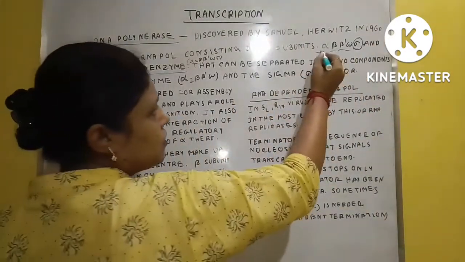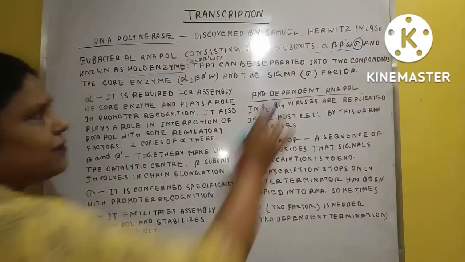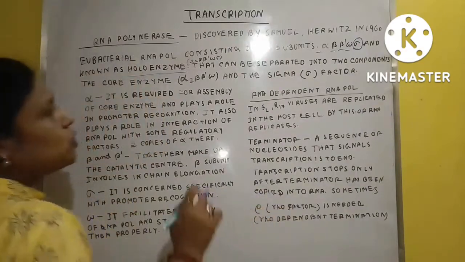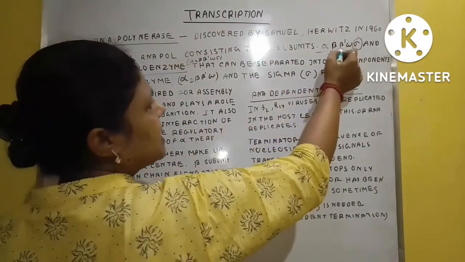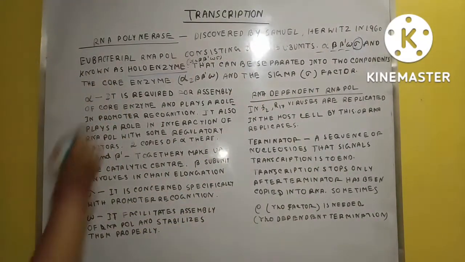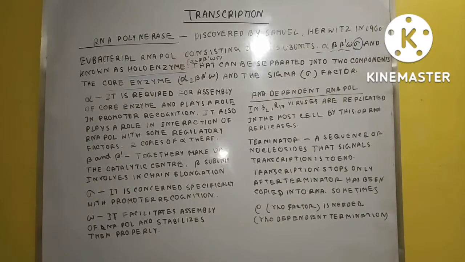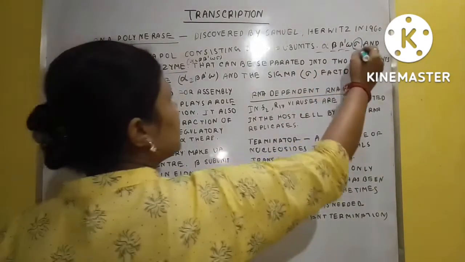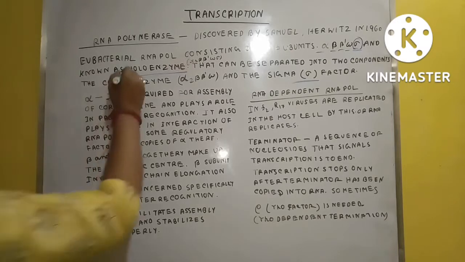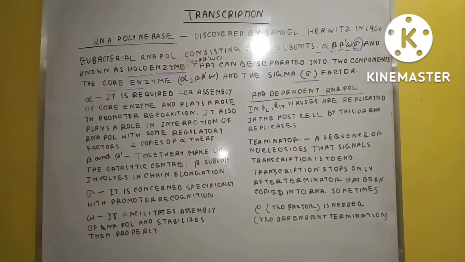Alpha obviously has 2 subunits, alpha 1 and alpha 2. So alpha, beta, beta dash and omega together are called the core enzyme, and sigma is called the sigma factor. The core enzyme and the sigma factor together are called the holoenzyme, and this is actually the RNA polymerase.